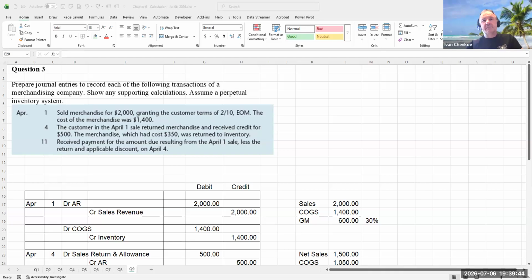Periodic inventory system. Let me add some more information, otherwise we won't be able to do the calculations.